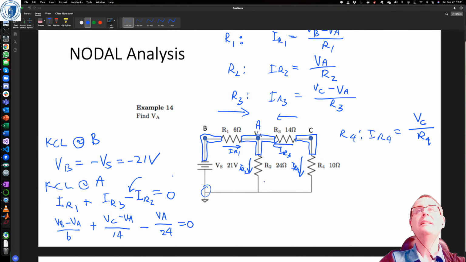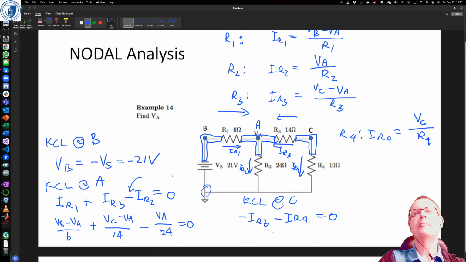Okay, and then the KCL at C, we've got minus IR3 minus IR4, because they're both flowing out, equals 0. So IR3 is, I'm going to negate it, so I'm just going to swap the order of VA and VC.